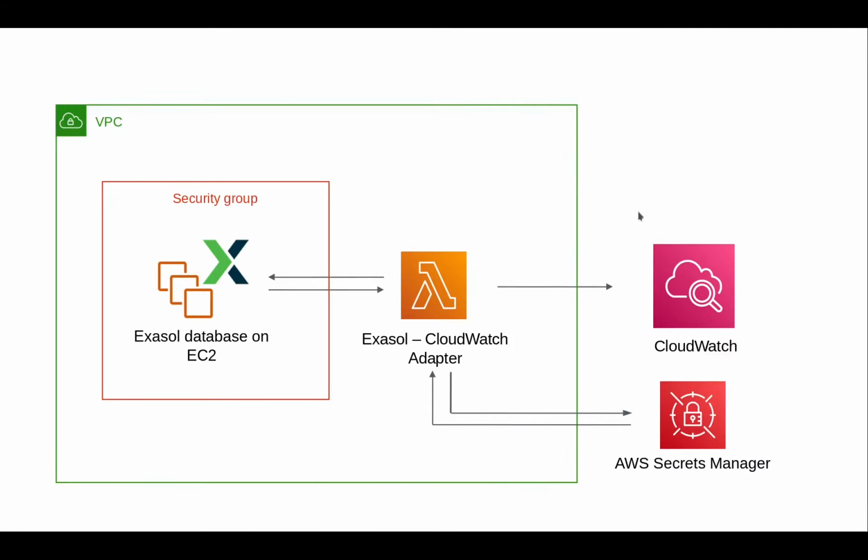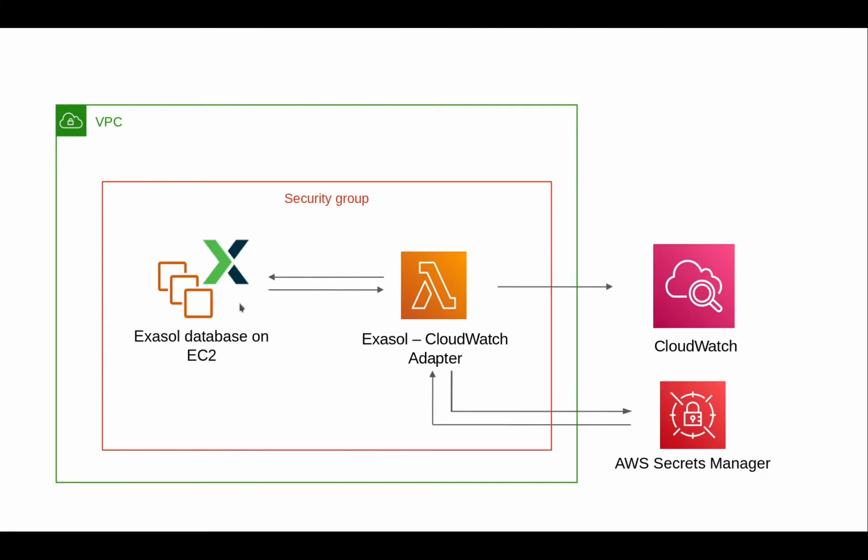Typically an Exasol database on AWS runs in a virtual private cloud setup and in a security group. Basically, this setup acts as a firewall and filters the incoming and outgoing traffic. By that, our CloudWatch adapter might not be able to access the Exasol database. To solve this, we simply move the CloudWatch adapter inside of the security group of your Exasol database.